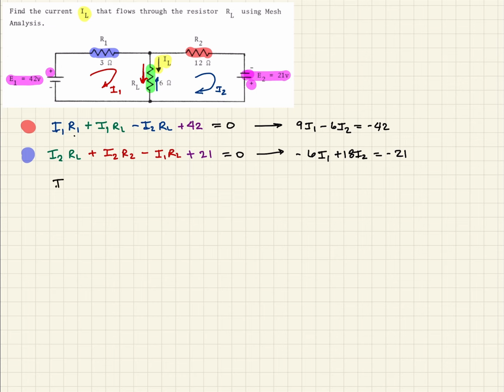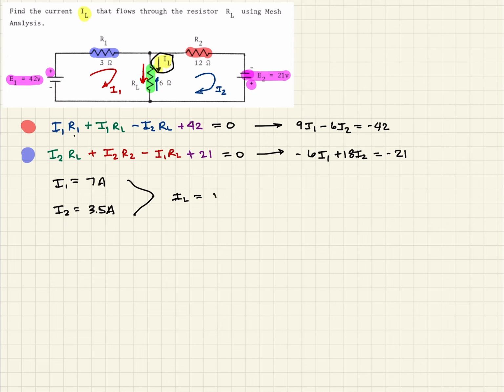When we do solve for those, we get that I1 is equal to 7 amps and I2 is equal to 3.5 amps. But what they asked us for was IL. So we can see here, IL is a combination of the two.